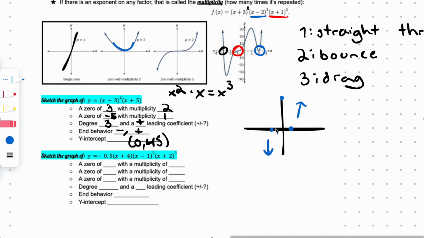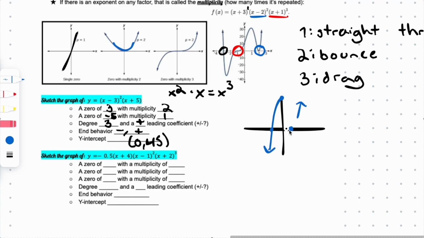So now we just want to connect the dots. For our 0 of negative 5, we have a multiplicity of 1, so we're just going to go straight through. That is not a good graph. I'm sorry. Oh, sorry, this is not super good right now. My bad. So it's going to be something like this here.